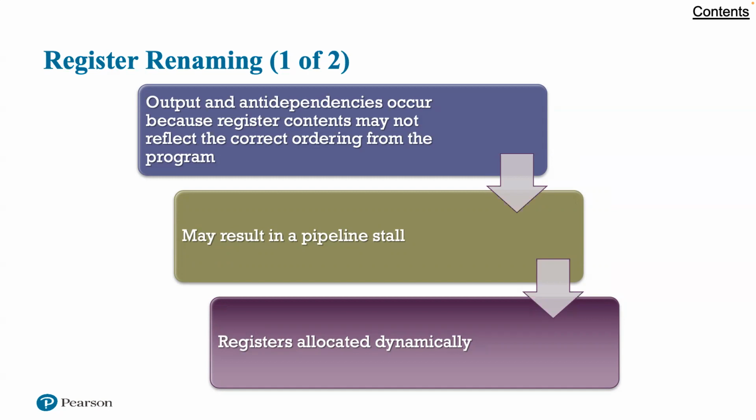These dependencies differ from RAW data dependencies and resource conflicts, which reflect the flow of the data through a program and the sequence of execution. WAW dependencies and WAR dependencies, on the other hand, arise because the value in registers may no longer reflect the sequence of values dictated by the program flow.